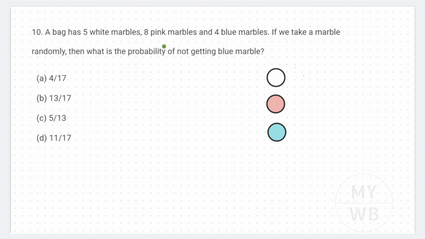A bag has 5 white marbles, 8 pink marbles, and 4 blue marbles. If we take a marble randomly, then what is the probability of not getting a blue marble? So there are 5 white, 8 pink, and 4 blue marbles. Total number of marbles is 17. So number of possible outcomes is the total number of marbles, which is 17.